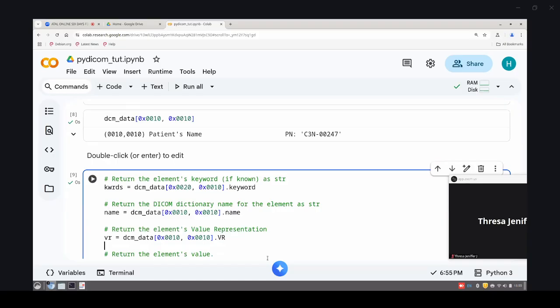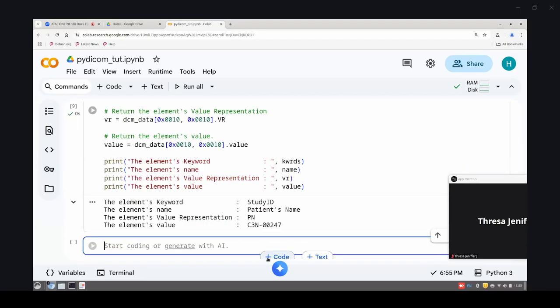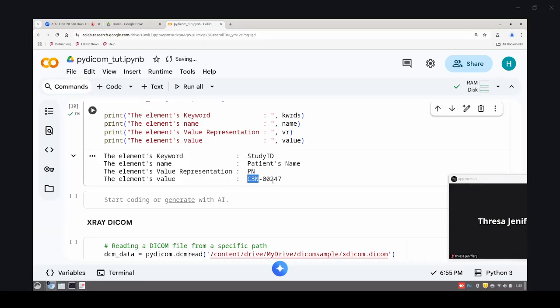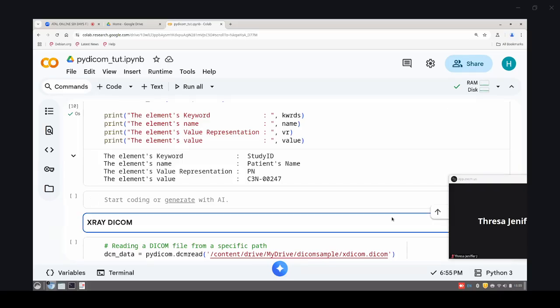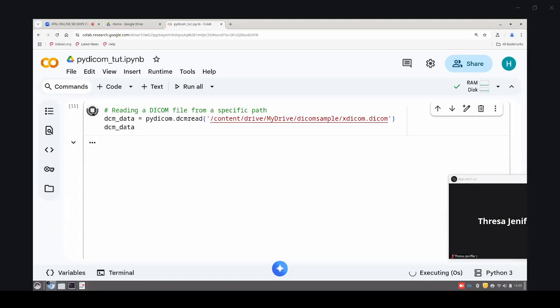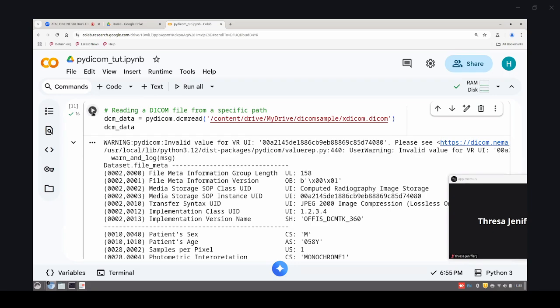You can see here, when I run this cell, I get keyword is study ID, name is patient's name, value representation is given, element value is the OP number of that patient. You can get all this information, not only the image but also all other information of the patient in the DICOM file.